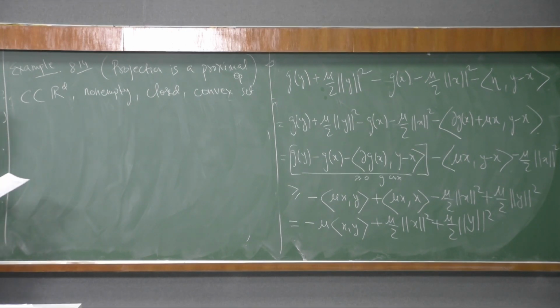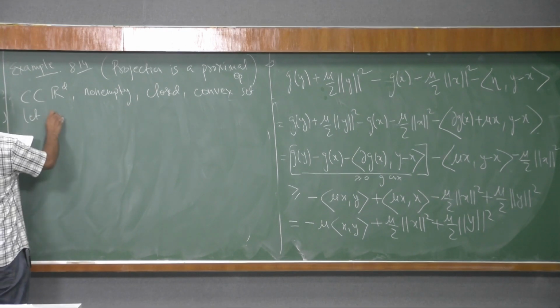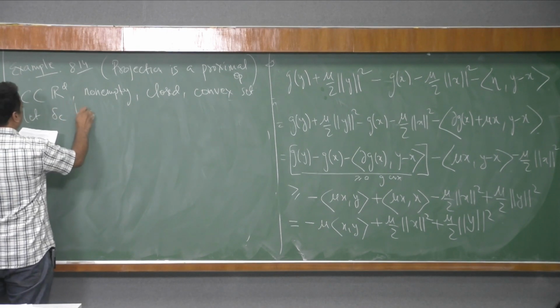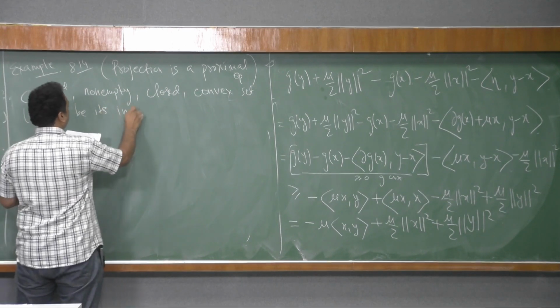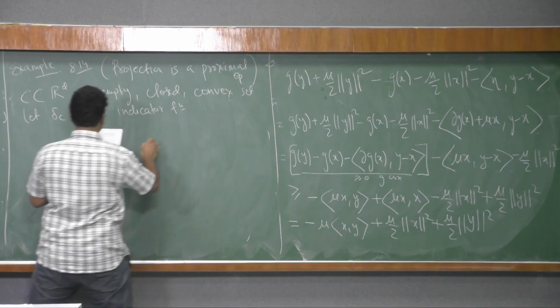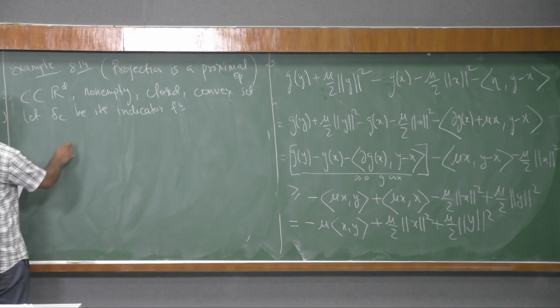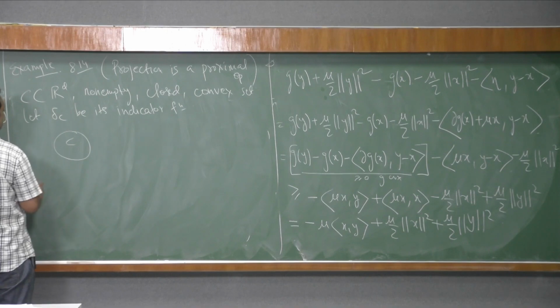Let delta C be its indicator function, then the proximal operator of delta C. Let us define the indicator: this is our C, a subset of R^D.